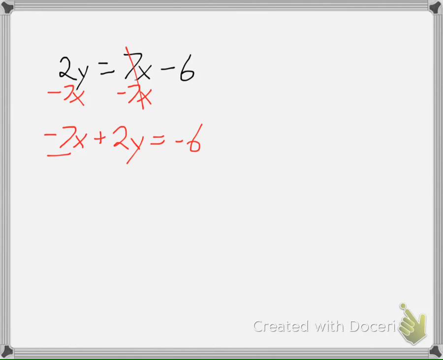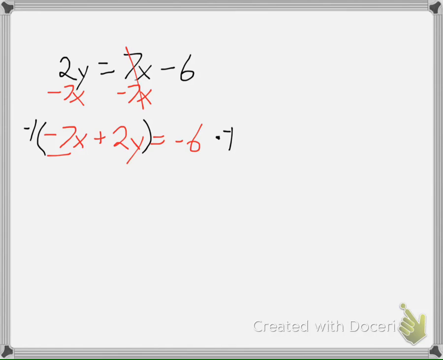So, if we multiply by negative 1, the important thing to remember there is you're multiplying the whole side by negative 1. So it's not just negative 7x times negative 1. It's negative 7x times negative 1 and positive 2y times negative 1, right? And really, it's pretty simple because all it's going to do is change all of your signs.